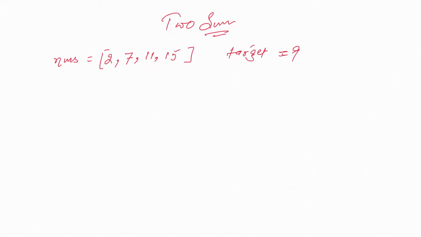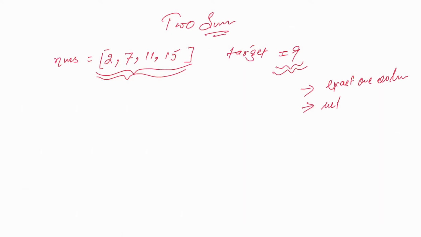As we discussed, we have been given an array of integers and a target. The question clearly mentions some assumptions. First, there will be exactly one solution. Second, we can return the indices in any order.